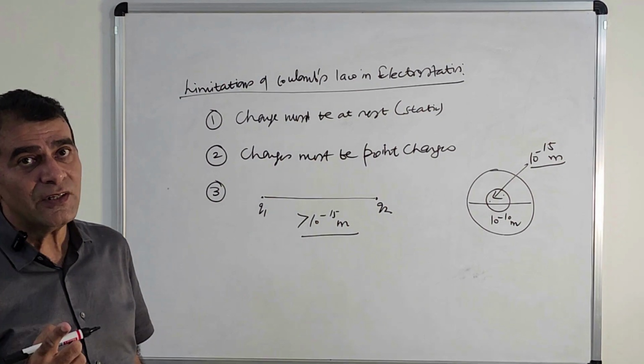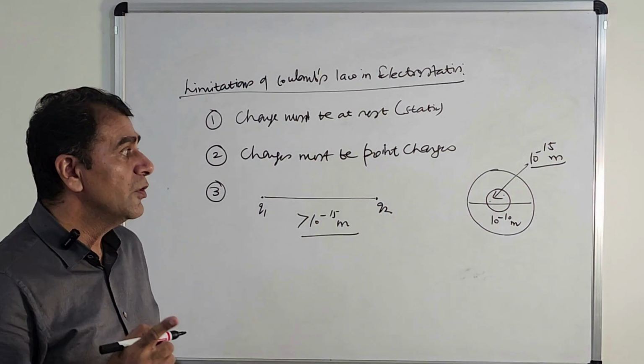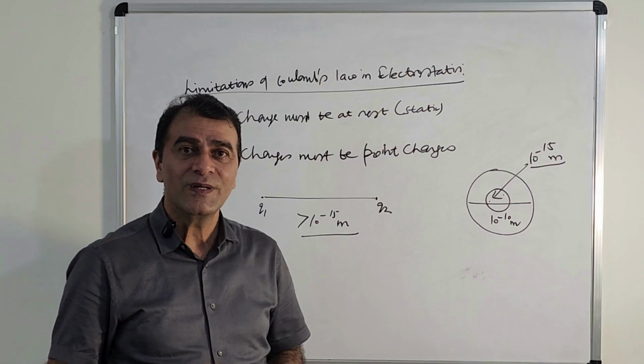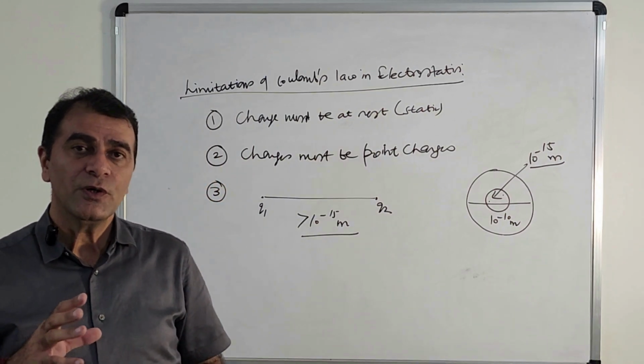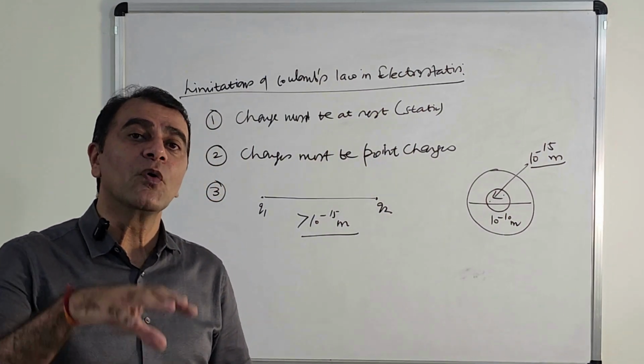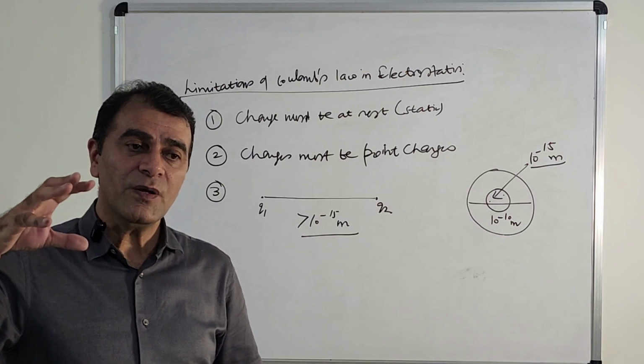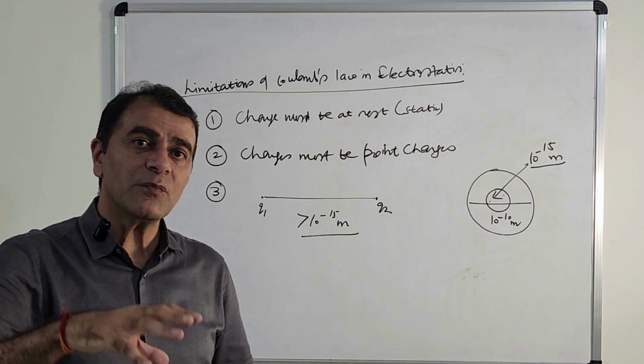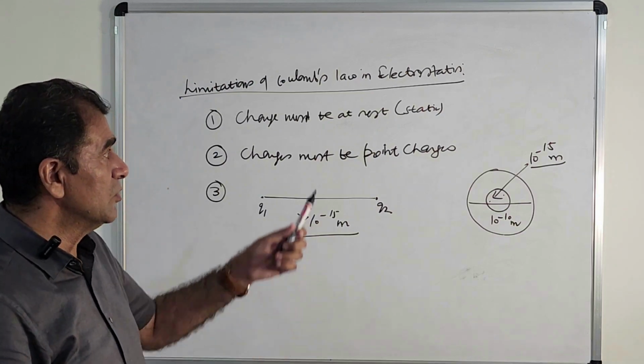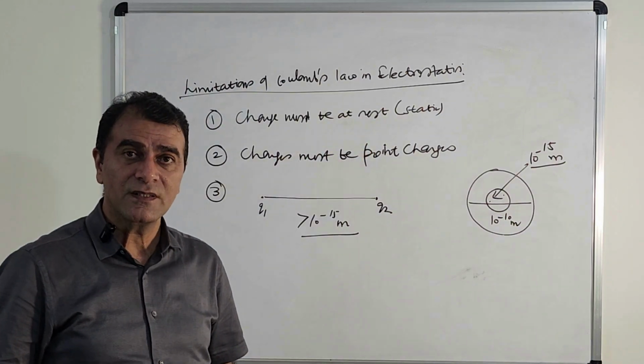And if they lie inside the nucleus, there will be a nuclear force also. That nuclear force will dominate and have a greater impact than the electrostatic force of attraction or repulsion.